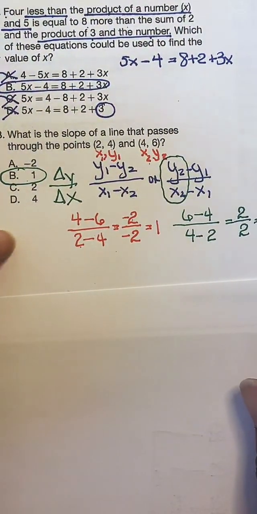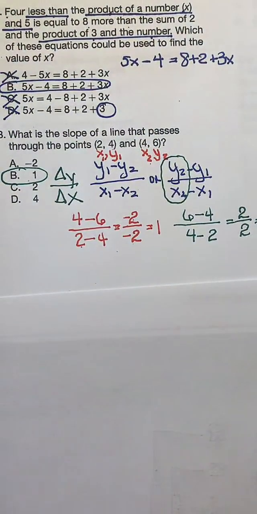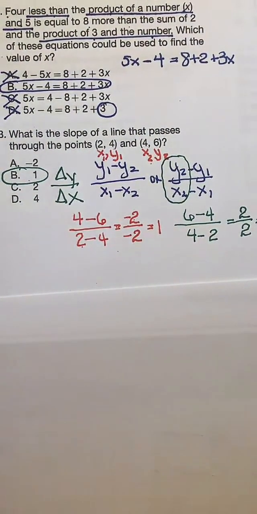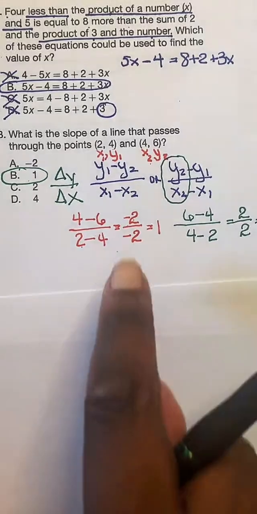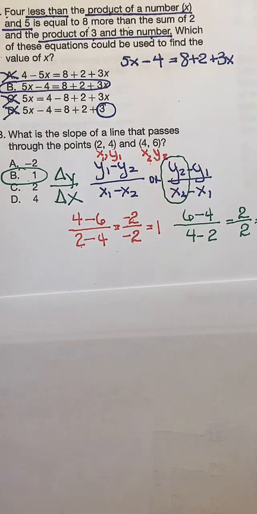You don't want to miss too many of these. If you're thinking about getting your GED, you do not want to miss too many of these. If you skip all of the slope questions, all the questions dealing with the equation of the line, system of equations, volume, what else do they have? Factoring.